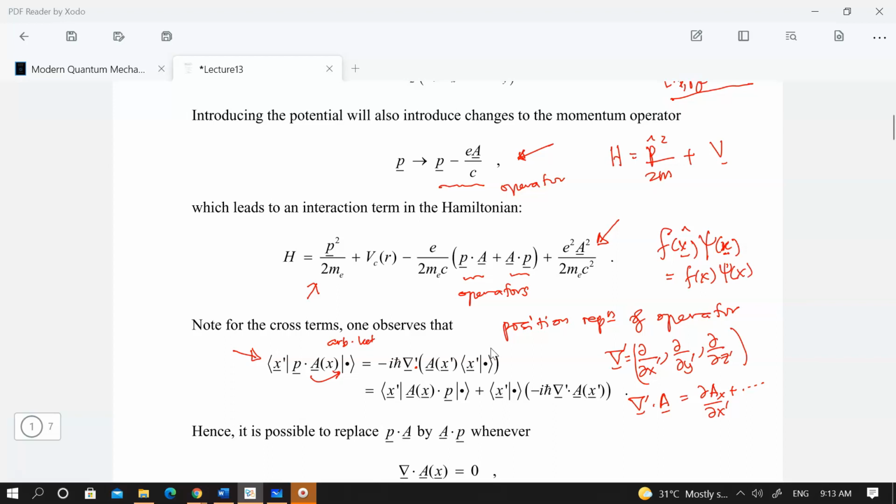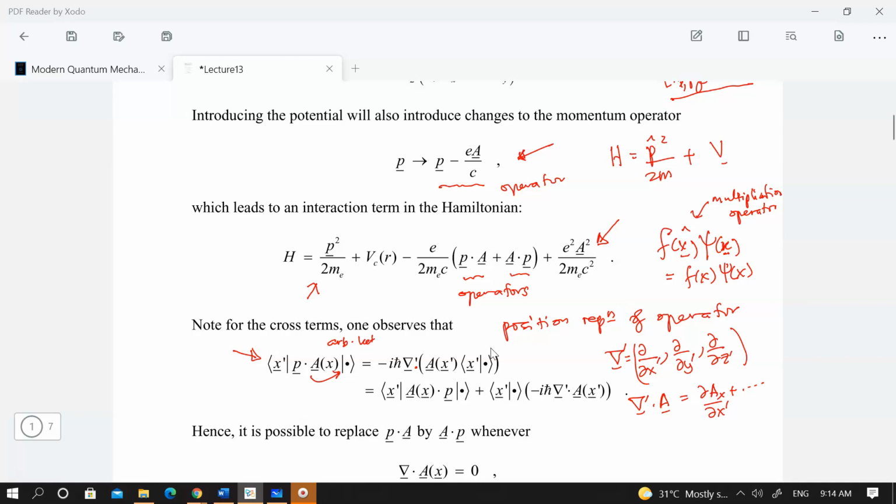So this is just a multiplication operator. So in this way, this becomes just a function now.